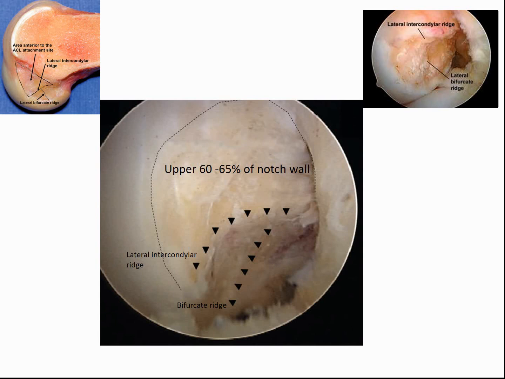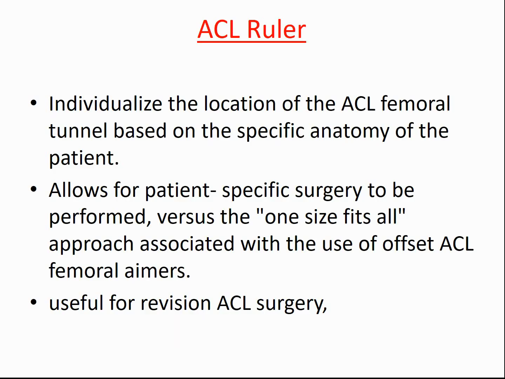The important point is that when we divide the lateral notch into 100%, the upper 60 to 65% of the lateral notch is above the lateral intercondylar ridge, whereas the remaining 30 to 35% of the wall remains below the lateral intercondylar ridge, and in this area of 30 to 35% there is the femoral ACL footprint.